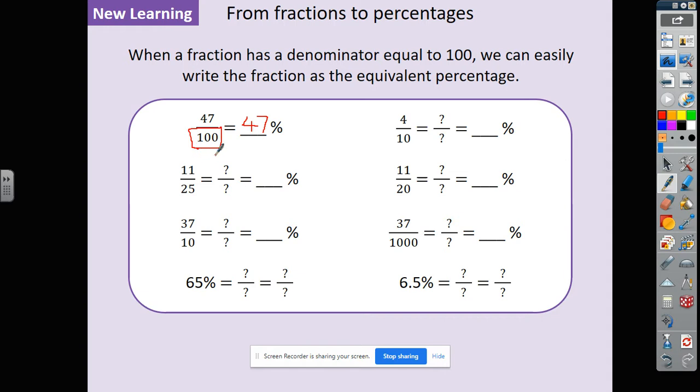This is really important to note. So if it's out of 100 already, it makes it a lot easier for us to write it as a percentage because it would just be the numerator. So if we then look at this next one, which is 4 over 10, we could rewrite that because I know using my equivalent fraction knowledge, I can say I'm going to change this to be over 100.